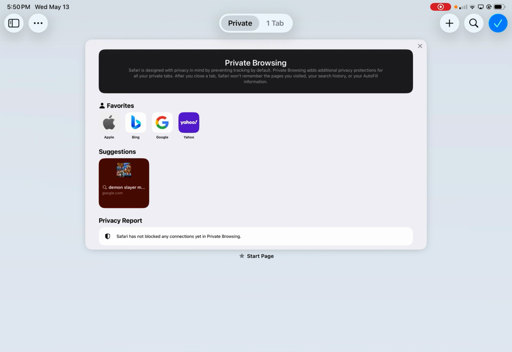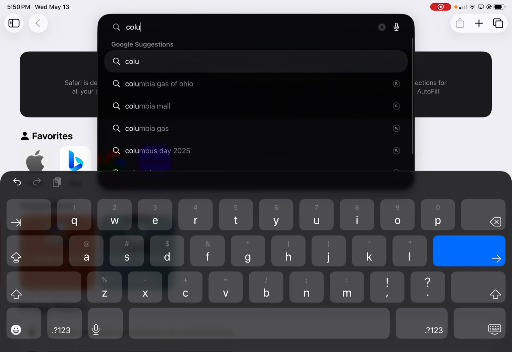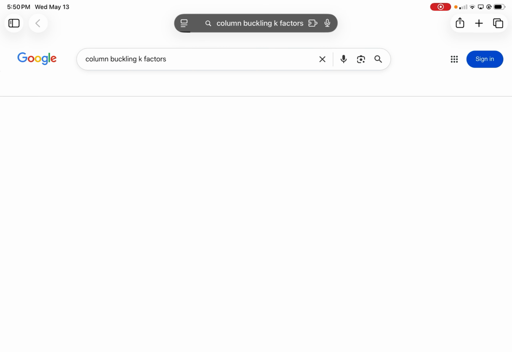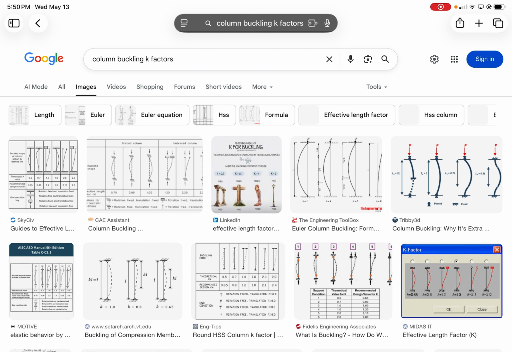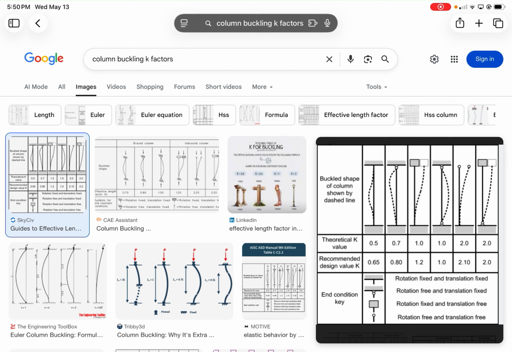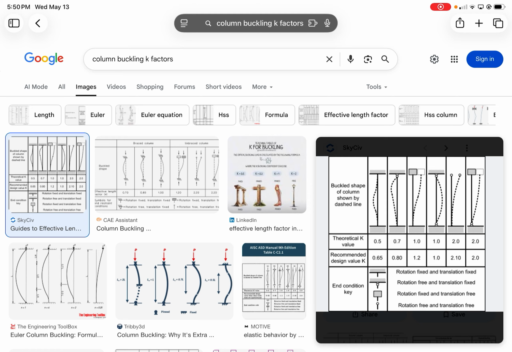So, column buckling K factors. Ideally, you would have been able to use the table. I just saw some of you weren't making the right assumptions, but ultimately, what we need to look at is this. A table like this covers all the K factors.